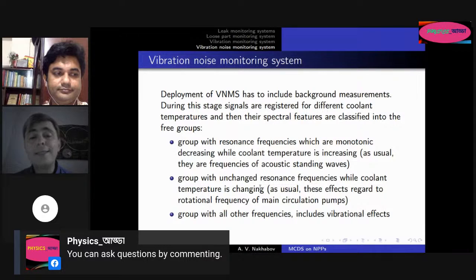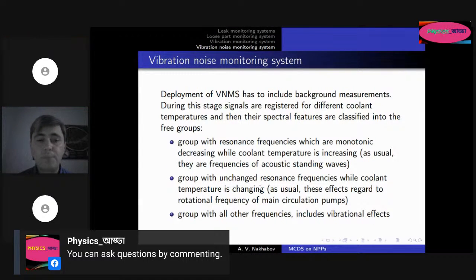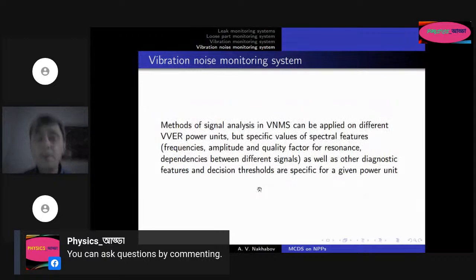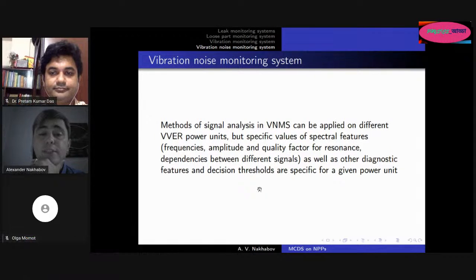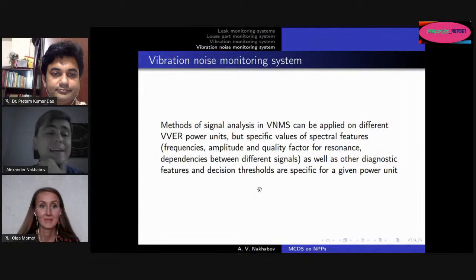In case of emergency, we will find some abnormal peaks on the spectra, some kind of violation of normal operation. And very important, especially for this kind of system: from one side, vibration noise monitoring systems are installed on many VVR of different power output, but from the other side, every power unit is unique.